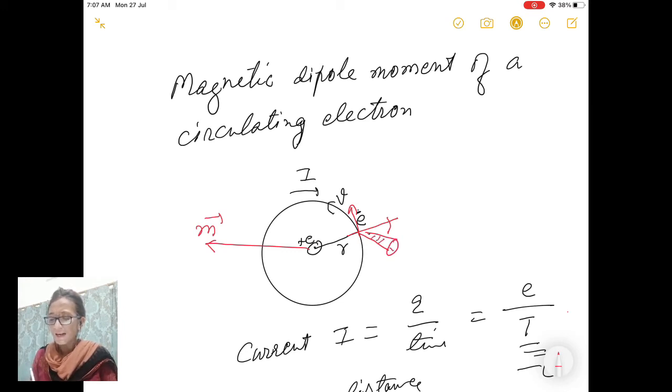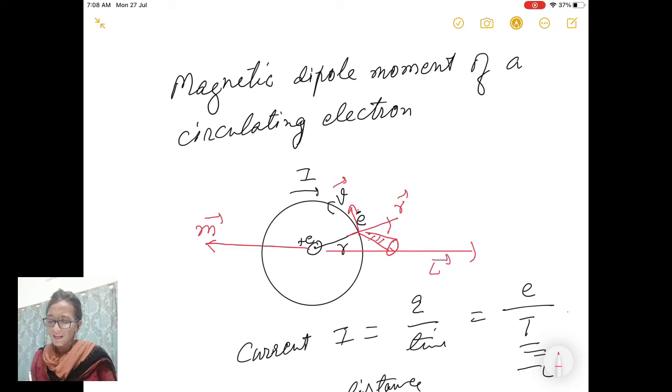When you go from vector r to vector v, the screw will go anti-clockwise and open, and it will come out in this direction.